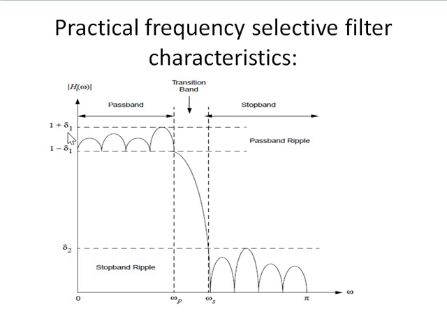Here we have 1 plus del 1, 1 minus del 1, and del 2. Del 1 is the pass band ripple value, del 2 is the stop band ripple value, with omega p and omega s.